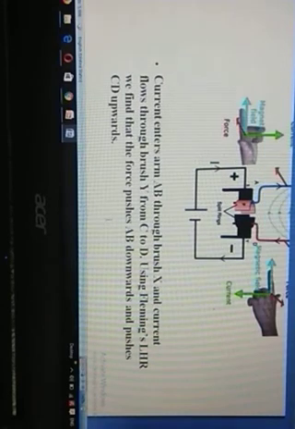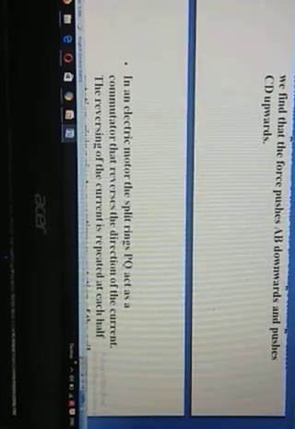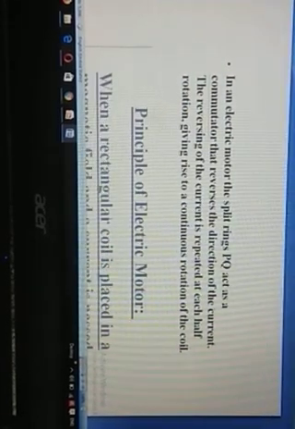Students, you need to learn how to draw the electric motor. If a current enters from the arm A and B, you can see there is a brush X, and current flows through the brush Y, which is from C to D. Using Fleming's left hand rule, we can find the force, which is downward in one direction and upward in the other. The split rings shown in the figure as P and Q act as a commutator that reverses the direction of current.